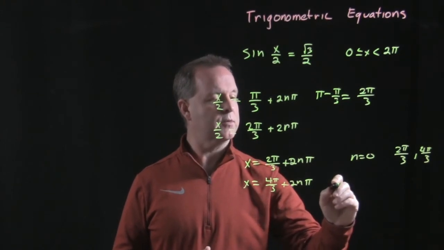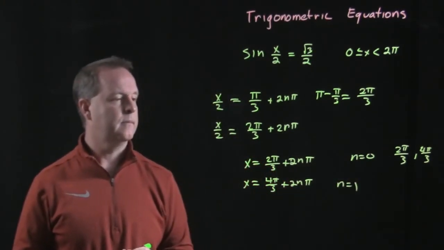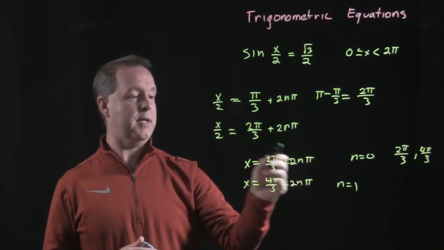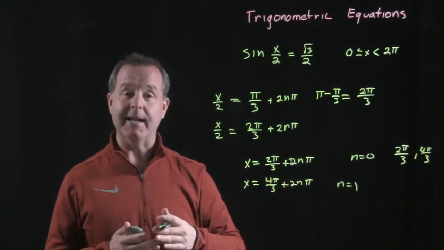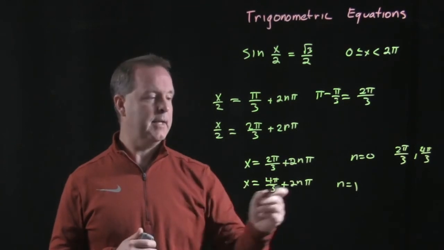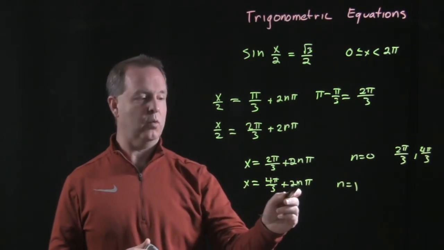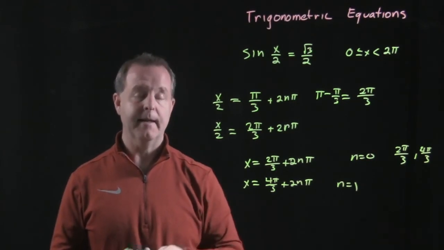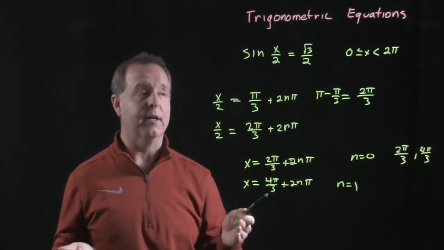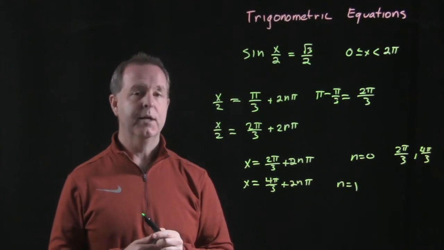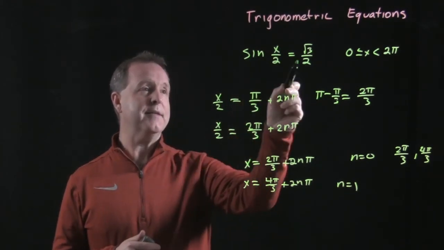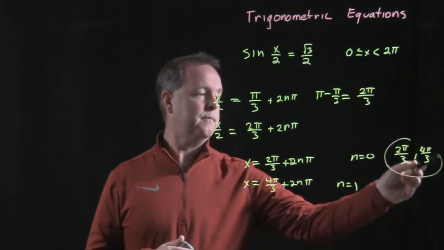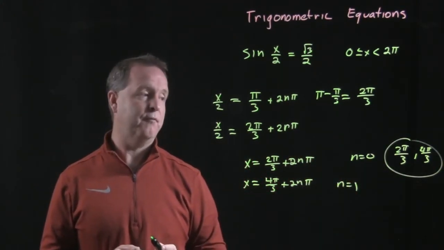At n equals 1, this would be 2 pi thirds plus 2 pi. That extends it beyond my interval. And likewise, if I had n equal 1 in the second one, that's 4 pi thirds plus 2 pi, and that 2 pi again extends it beyond the interval from 0 to 2 pi. So the only solutions that make this equation true within this particular interval are 2 pi thirds and 4 pi thirds.